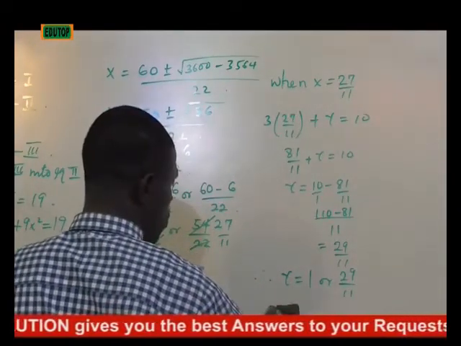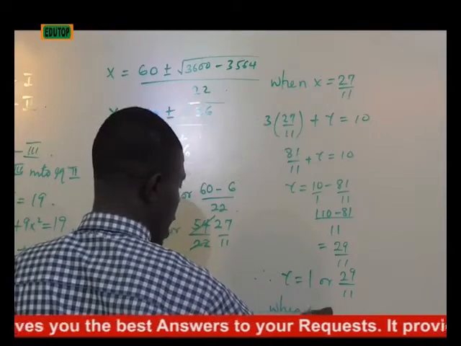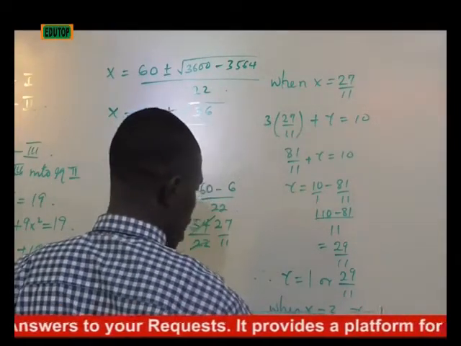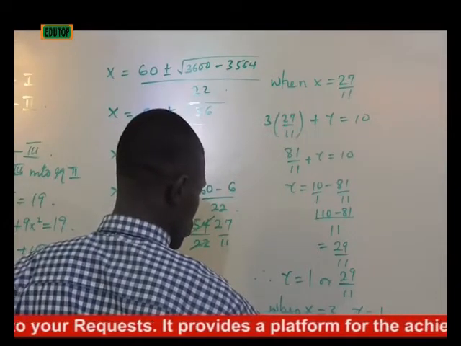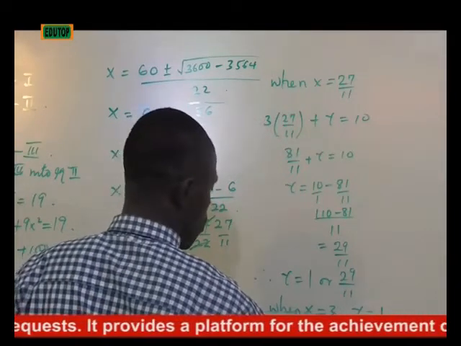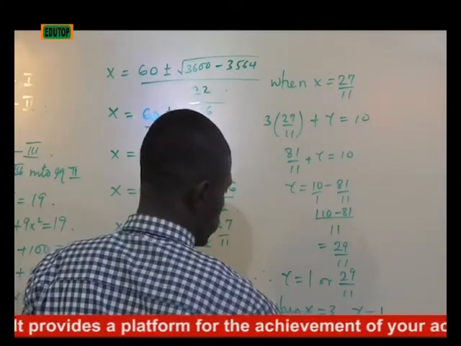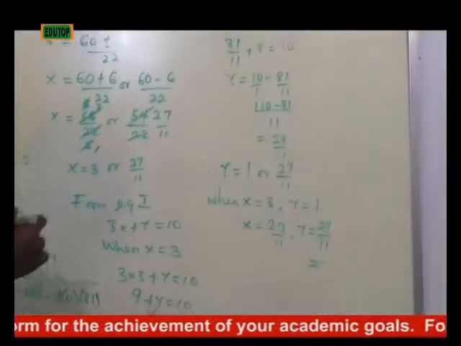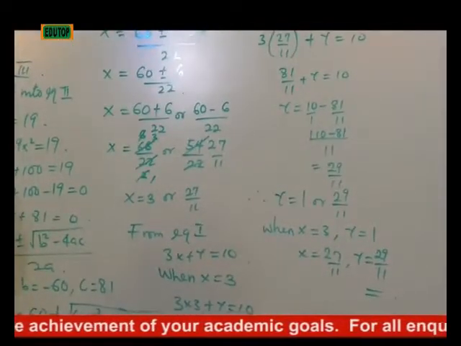So when x is equal to 3, y equals 1. And when x equals 27 over 11, y equals 29 over 11. So that is the answer in both cases.